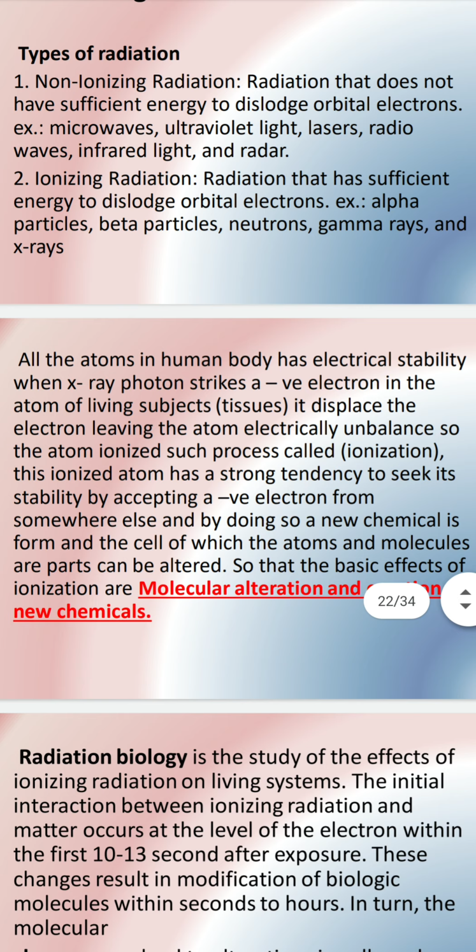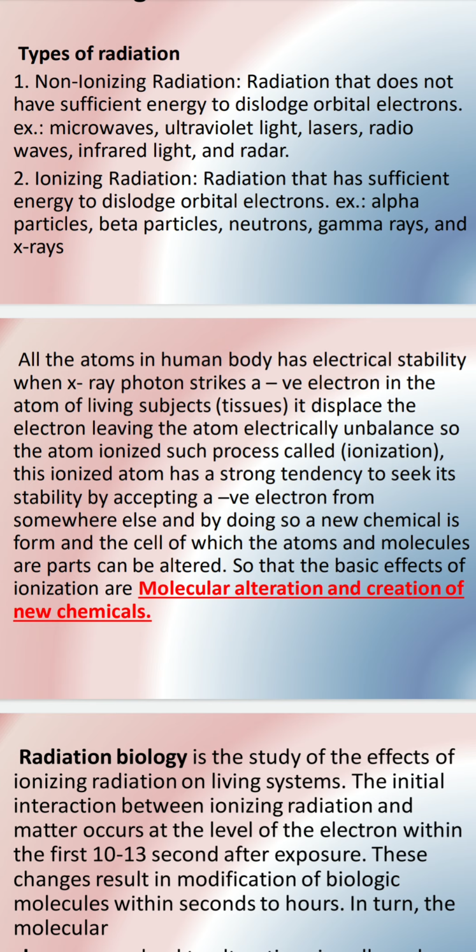All the atoms in a human body have electrical stability. When X-ray photons strike a negative electron in the atom of living tissue, it displaces the electron, leaving the atom electrically unbalanced. So the atom ionizes, a process called ionization.